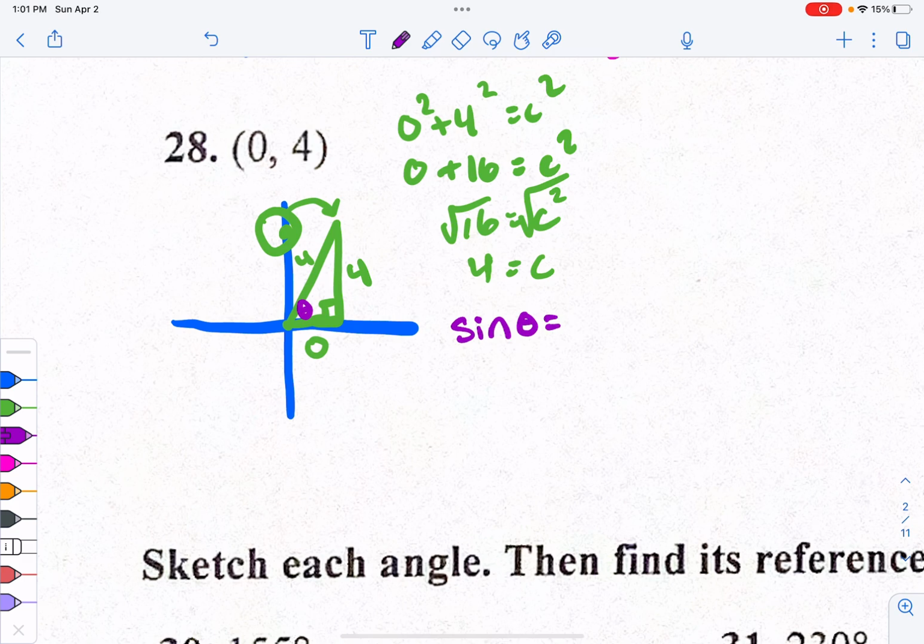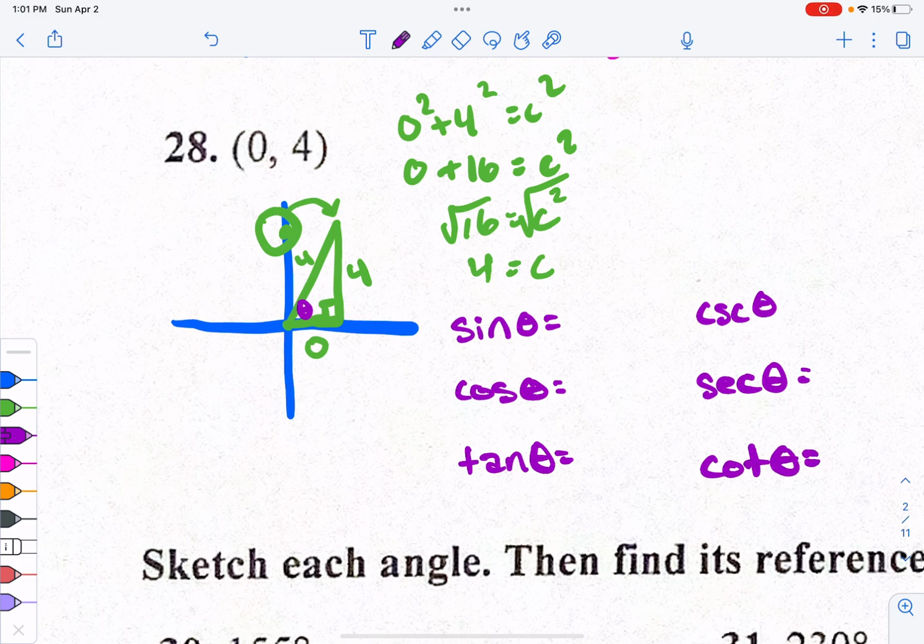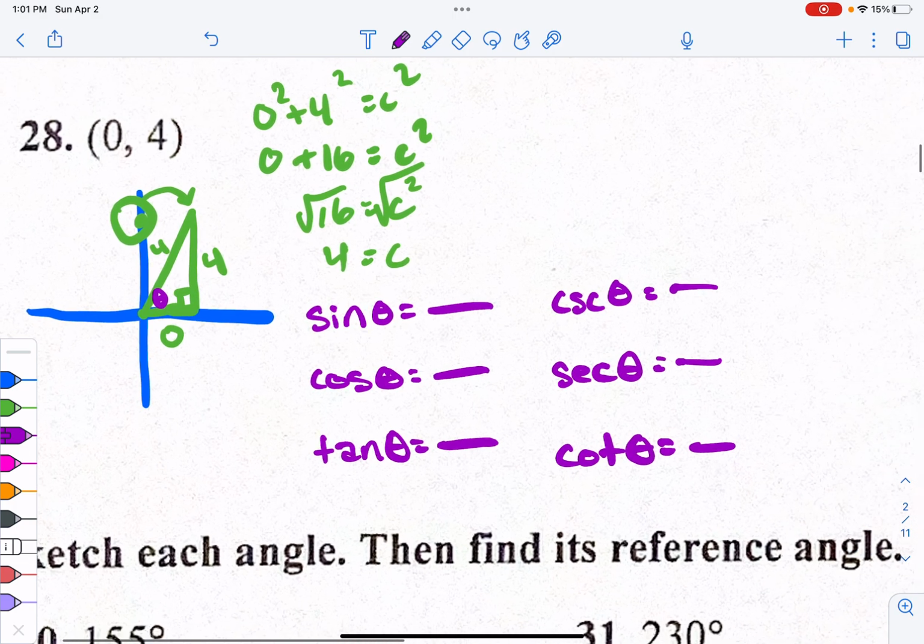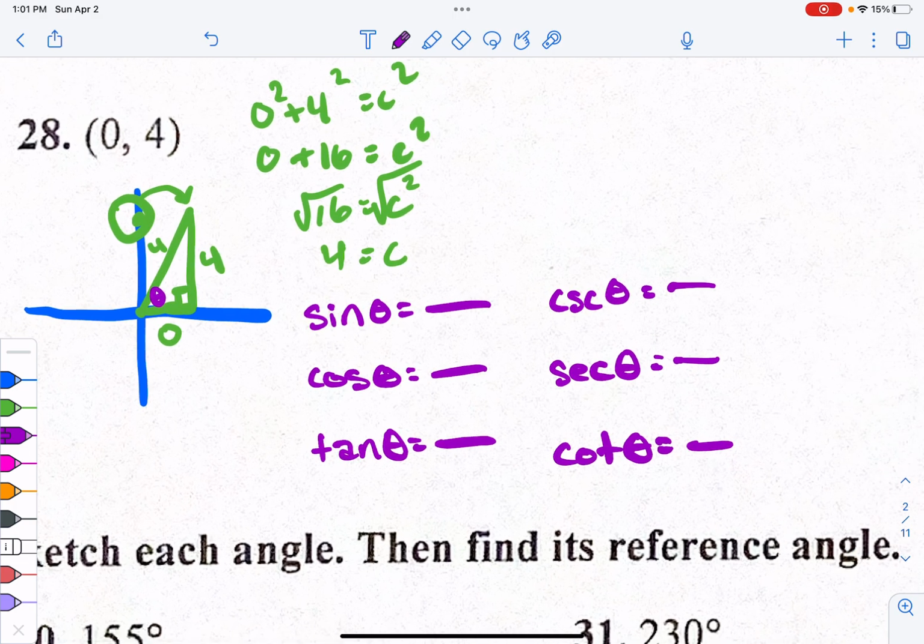Sine of theta equals, cosine of theta equals, tangent theta equals, cosecant, secant, cotangent. We get line, line, line, line, line, line. These ones are taking a while. All right, but you'll be all practiced up. Like you will be good to go.